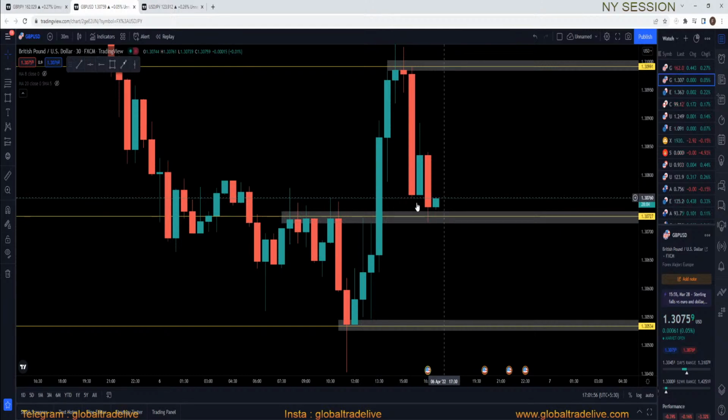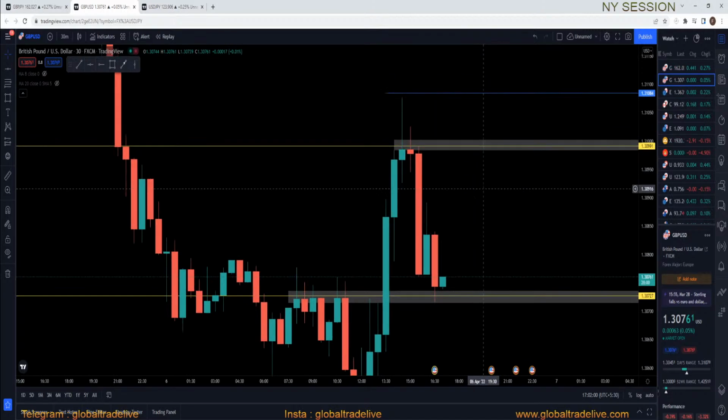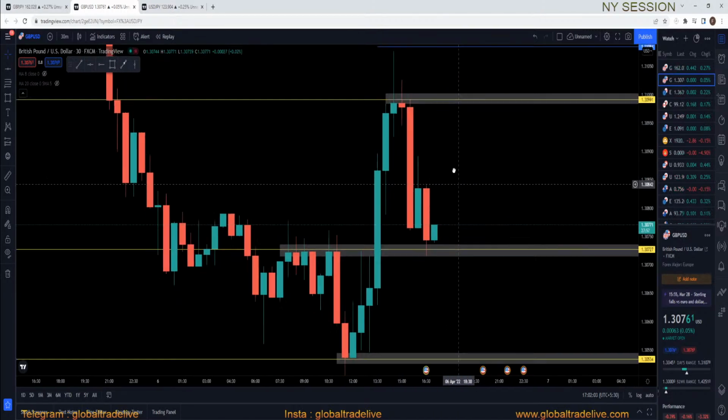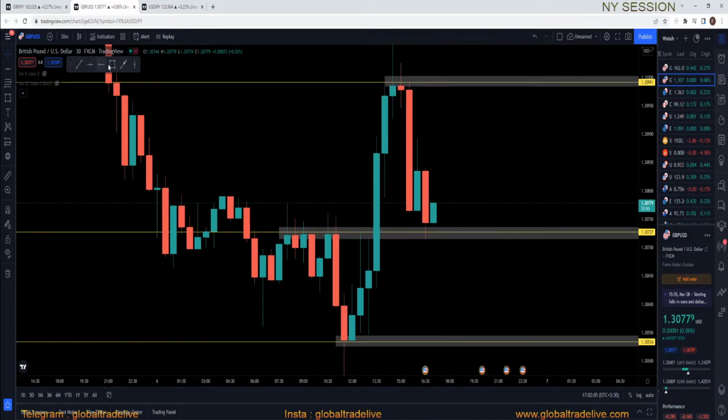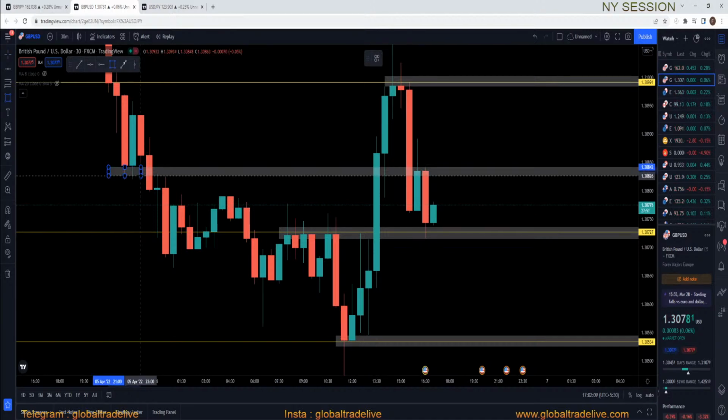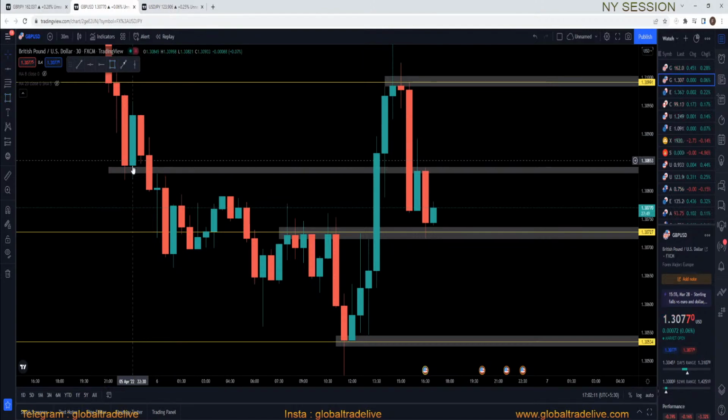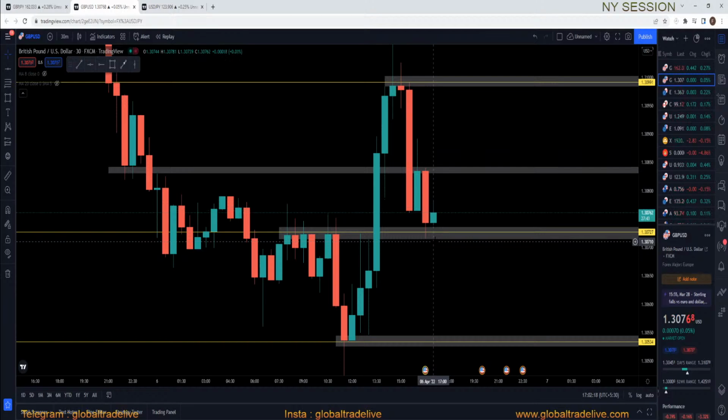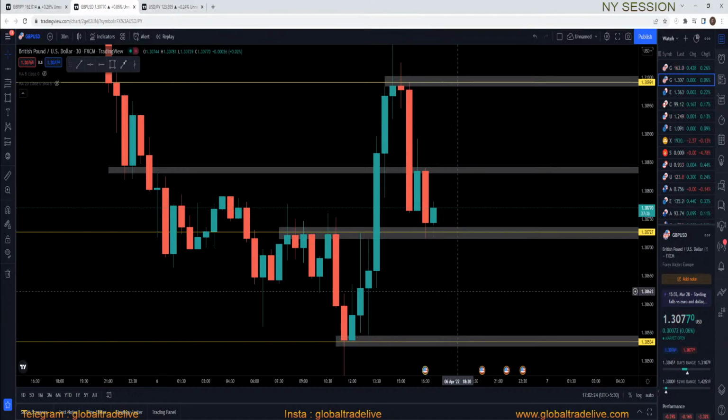So I'm just gonna focus on GU over here because it just came down, created resistance. This resistance is matching with this support. If it breaks the low, then yes, there will be a good fall down.